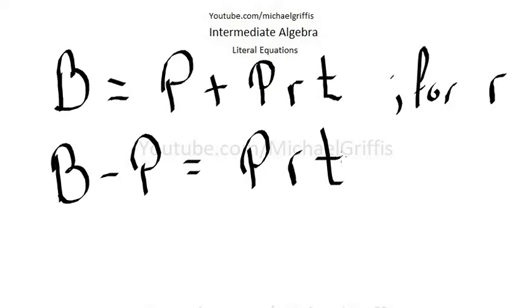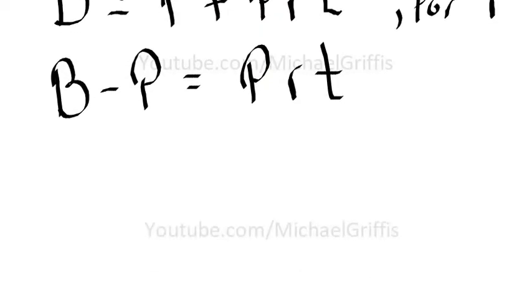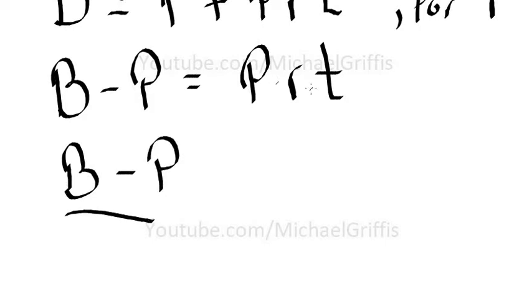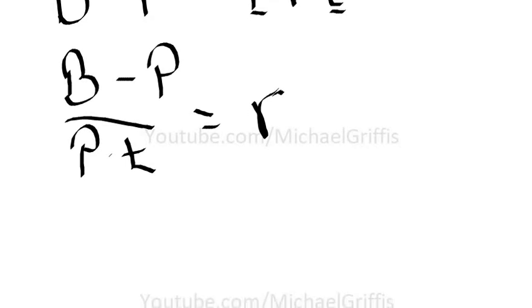We're solving for r, so we're going to multiply both sides by 1 over pt, and because they're multiplied, just take this p and this t down diagonally, and that's equal to r. We were trying to solve for r in that problem. We'll get back to that problem at some point in time.